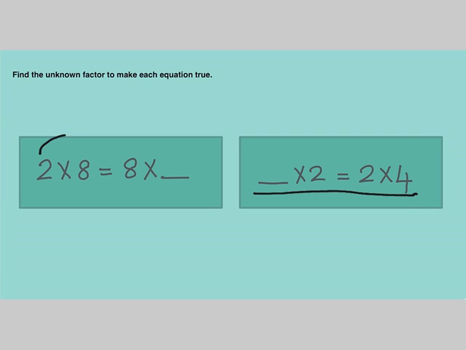So here I'm changing the order of the factors. 2 times 8 into 8 times 2. So this is a commutative property. So the unknown factor here will be 2. 2 times 8 will be equal to 8 times 2.